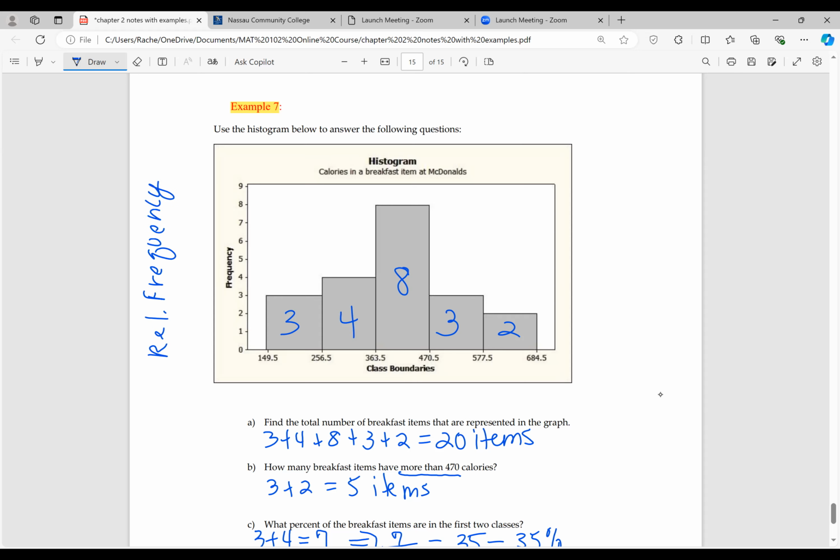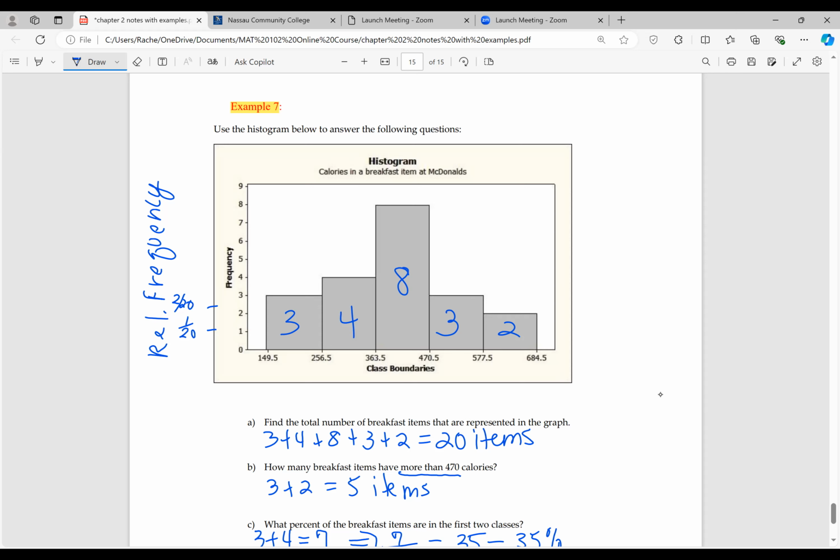So instead of the count, remember, the relative frequency is just the proportion. So instead of 1, it would be 1 out of the total number of items, which is 20 in this case. So we could think of this as 1 over 20. 2 would be 2 out of 20.